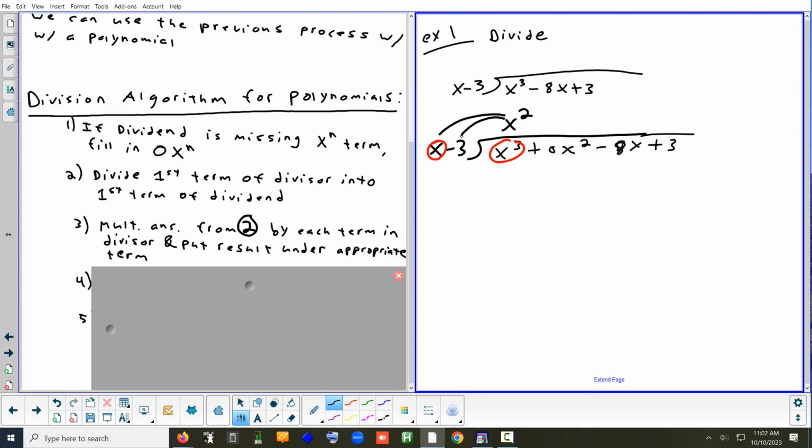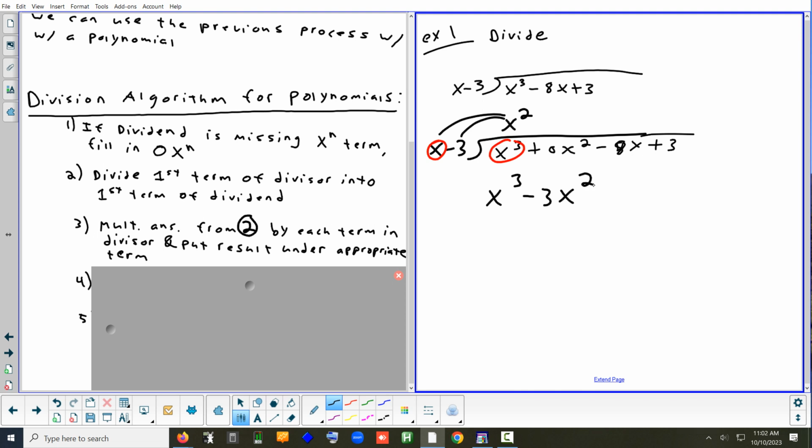X to the third. Yeah, x to the third. And if I multiply x squared times negative 3, what's x squared times negative 3? X squared times negative 3 would be negative 3x squared. Yep.